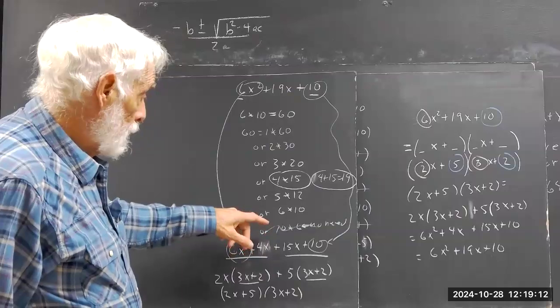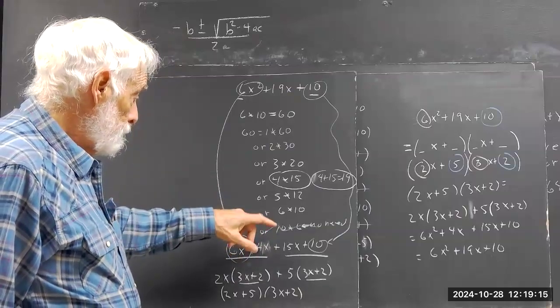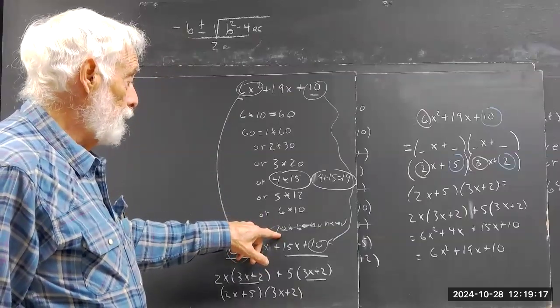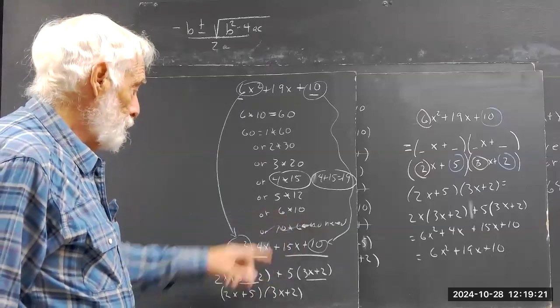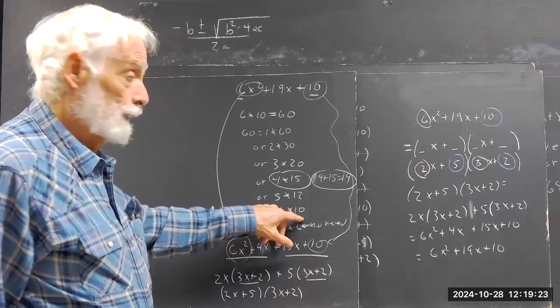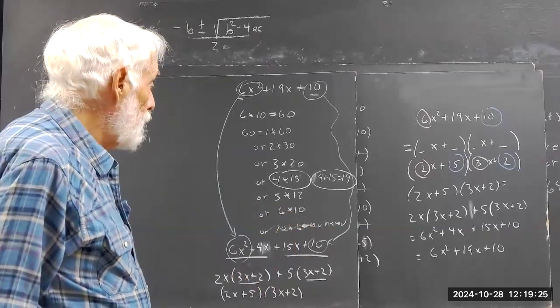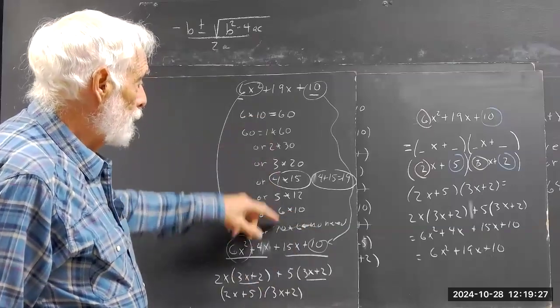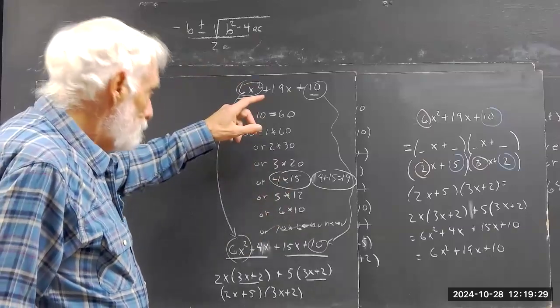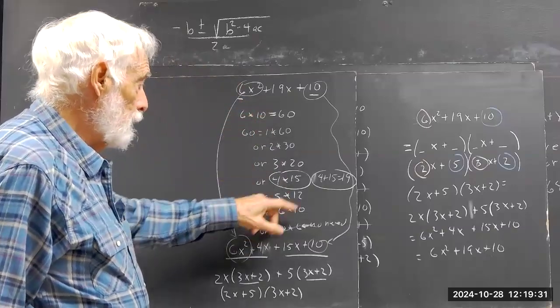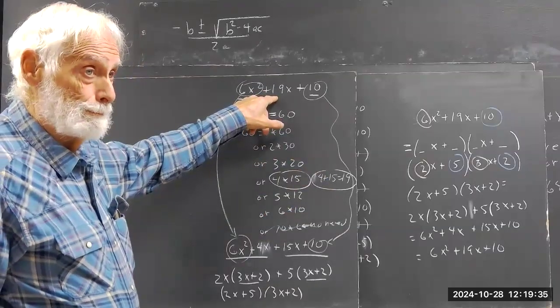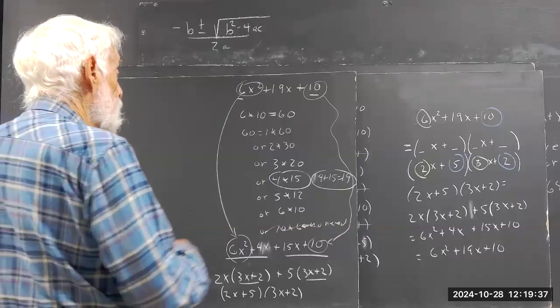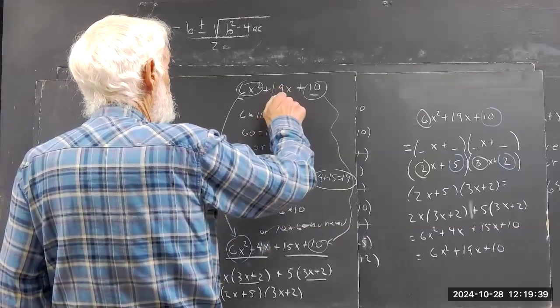Okay. And then the next number to divide by would be 10, but you've already got 10 here. So you get 10 and 6, but that's the same as 6 and 10. Then you try to find one of these that adds up to this number. Okay, so there's where this number comes in.